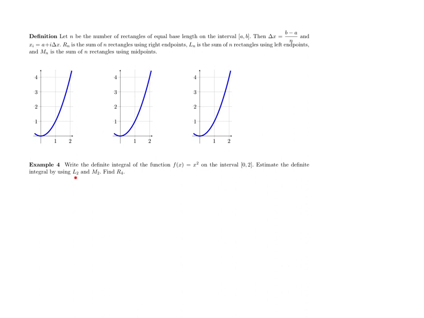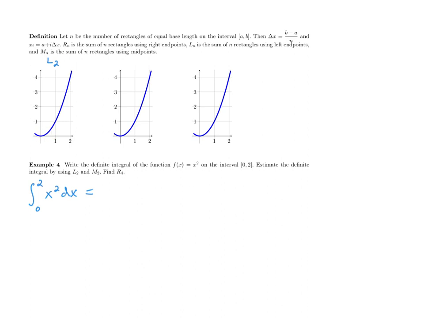Let's start with estimating the definite integral by using L2, and I'll draw that in this picture here. So for this one, this is going to be L sub 2. If we want to approximate the integral from 0 to 2 of the function x squared dx, L2 means, the 2 being, we divide the interval from 0 to 2 into 2 equal pieces, but instead of using the right endpoints, this capital L means use the left endpoints instead.